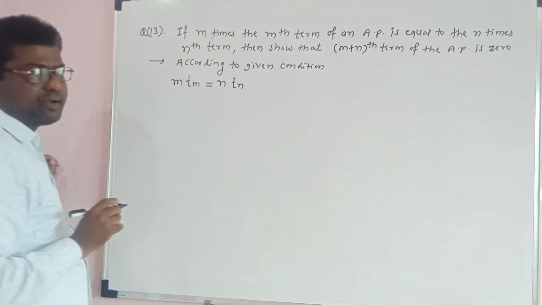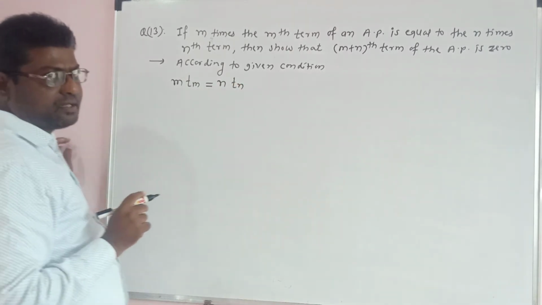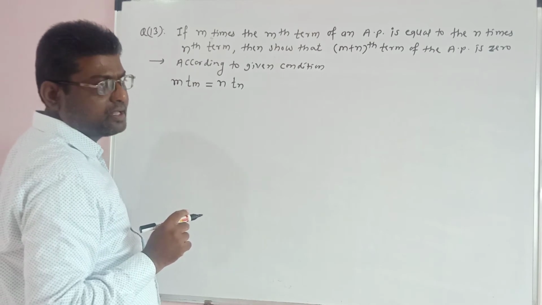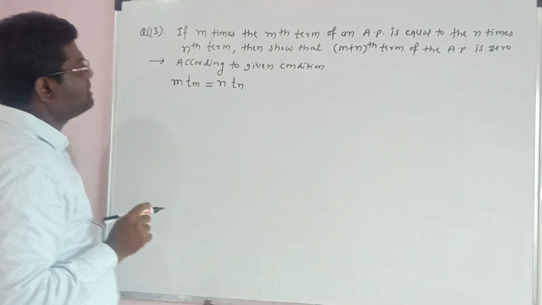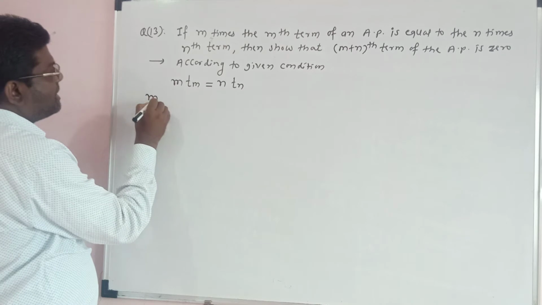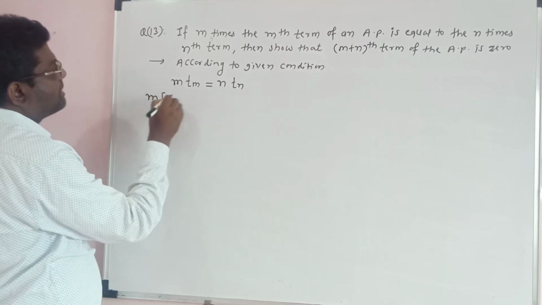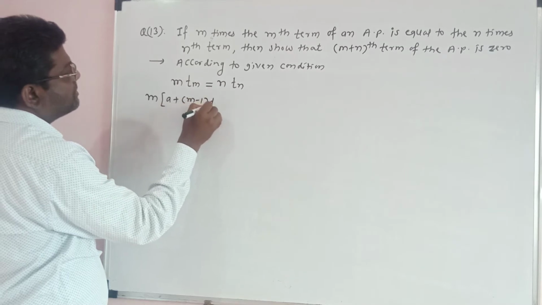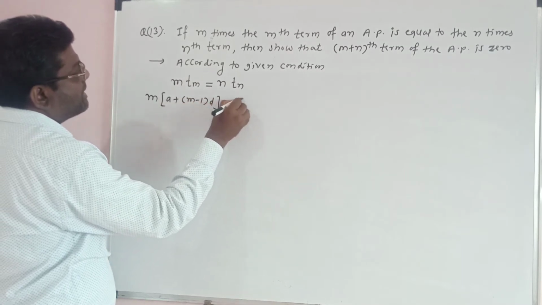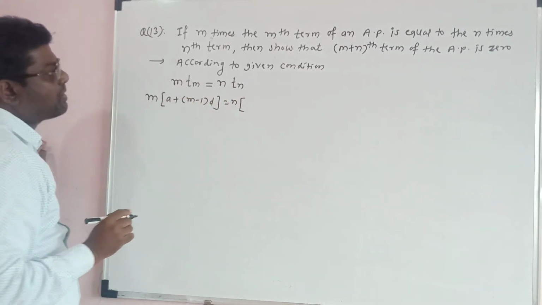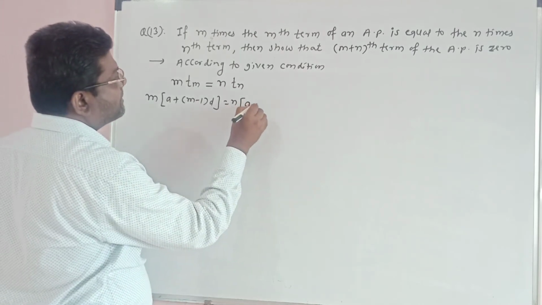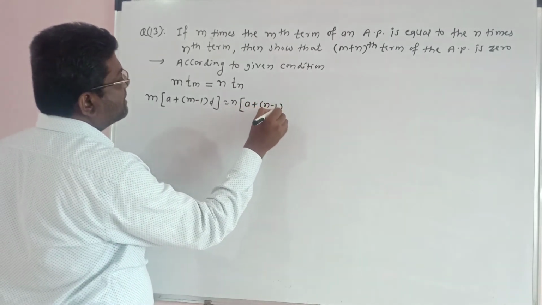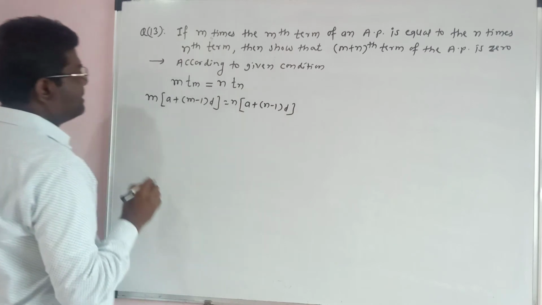We know the formula for tn is a plus n minus 1 into d, and the formula for tm will be a plus m minus 1 into d.